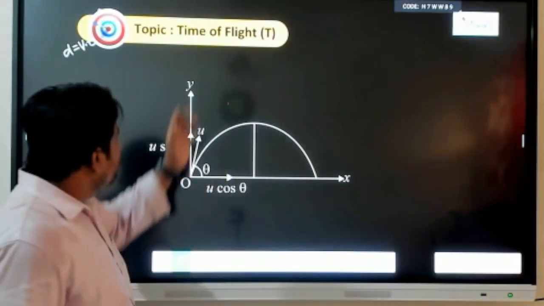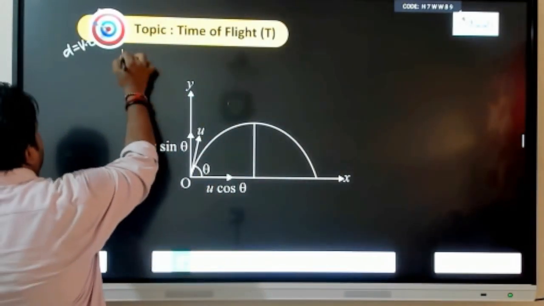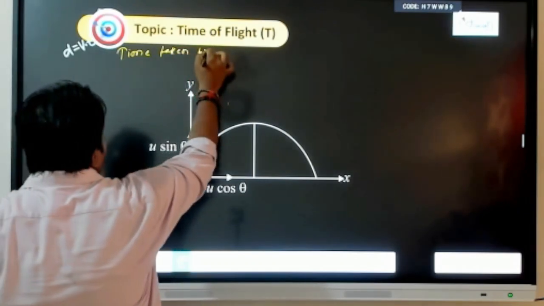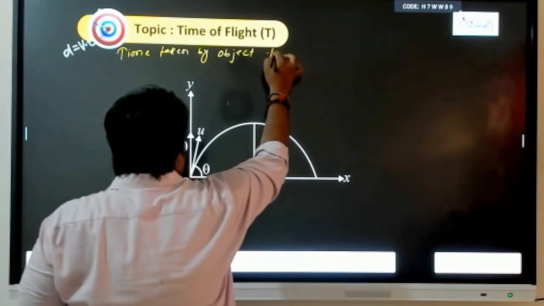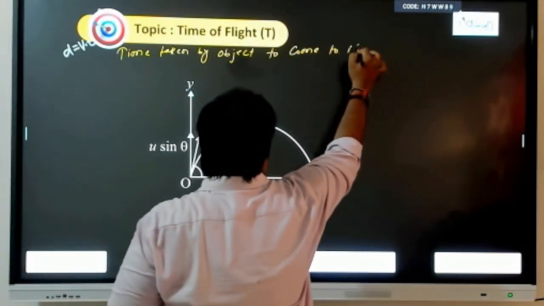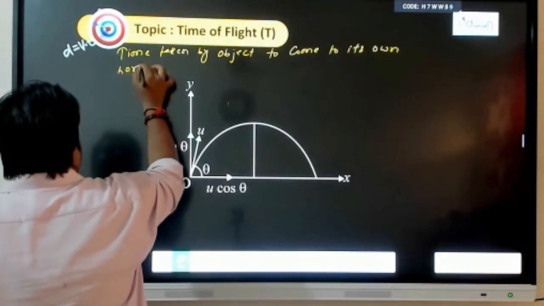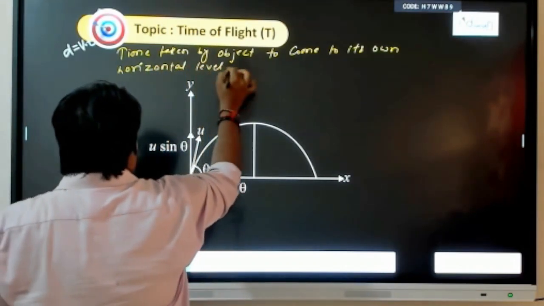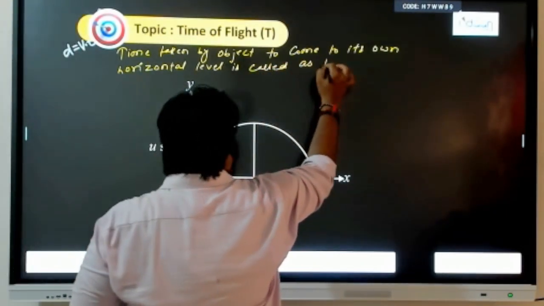If I am talking to you about time of flight, what is this time exactly about? Time taken by the object to come to its own horizontal level is called time of flight.